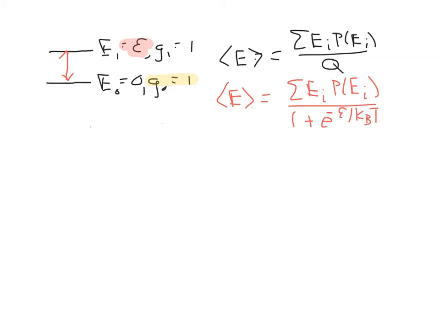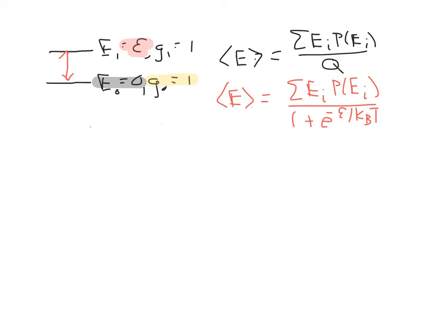To find the numerator in this expression, we do the same thing that we did to find Q. We just examine each state and then add the two terms together. So for the ground state, the energy is equal to 0, and so the first term is just going to be 0.